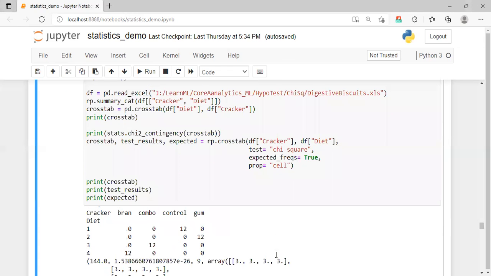So I just open that file, the digestive file, then you can understand.